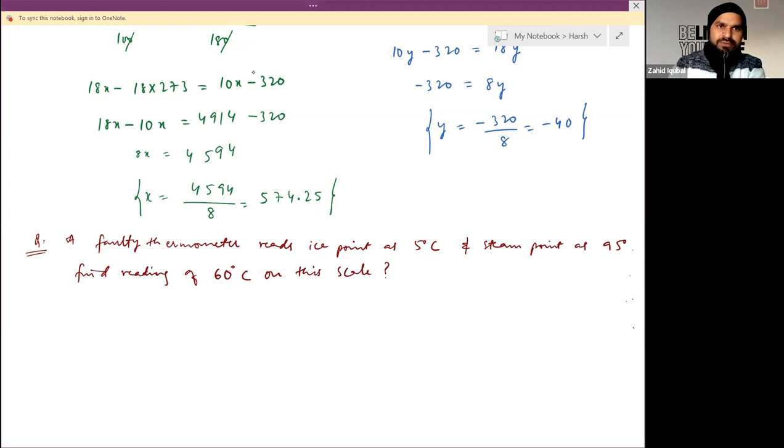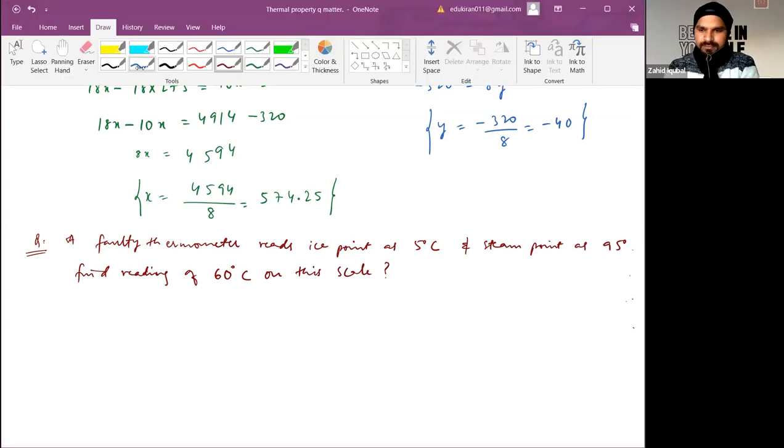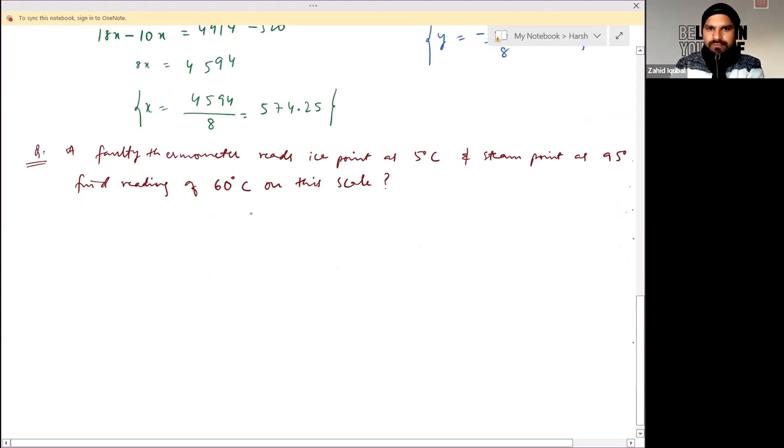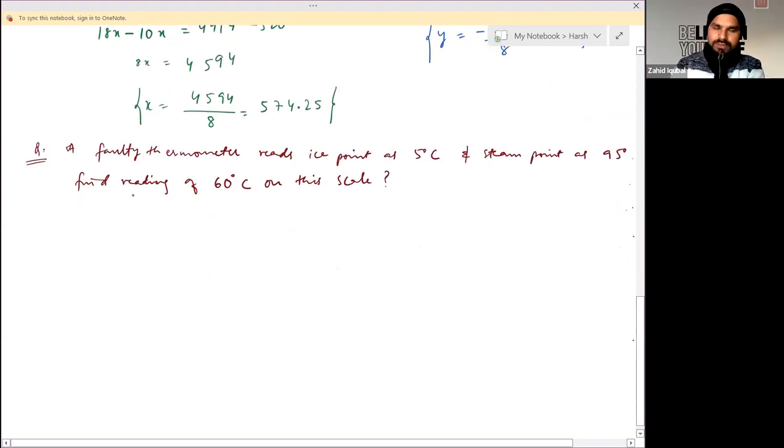Let me define how to solve this part. In this question, we have two different thermometers. One is the faulty thermometer and the other is the Celsius scale. So you may write on the left-hand side the faulty thermometer and on the right-hand side the Celsius scale.